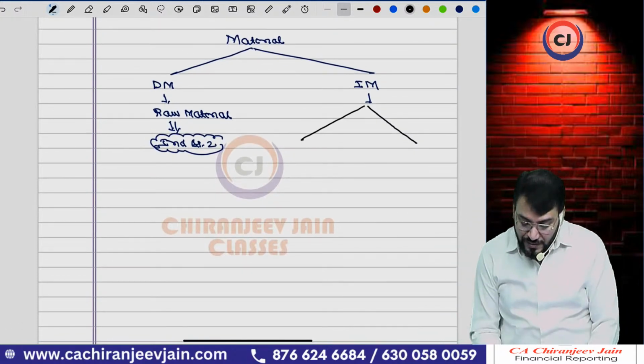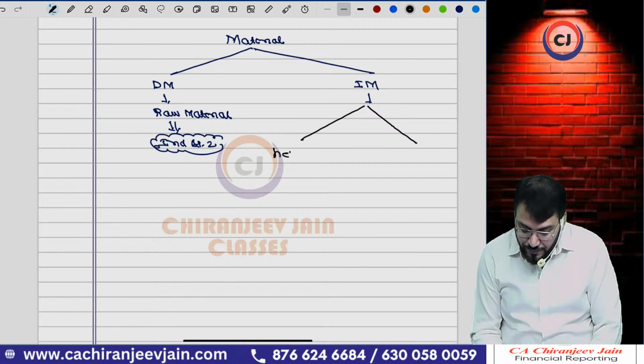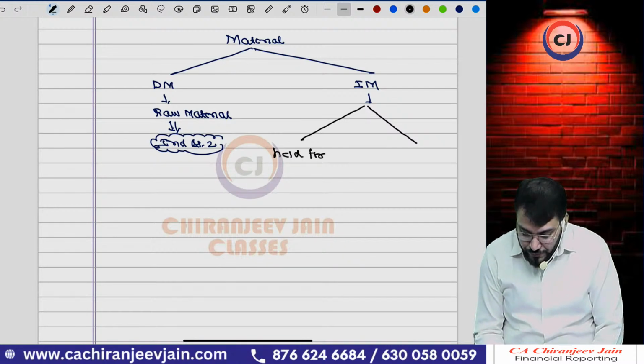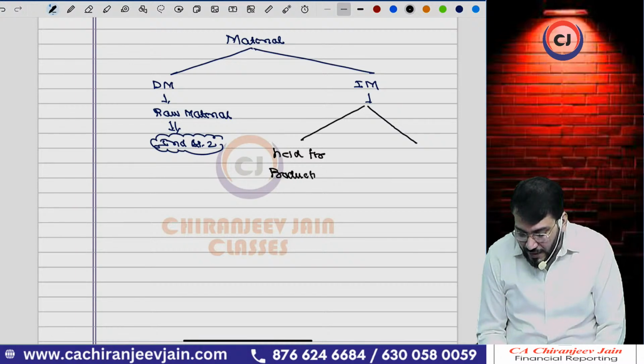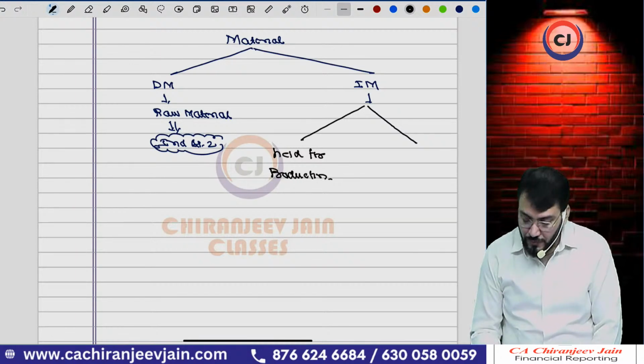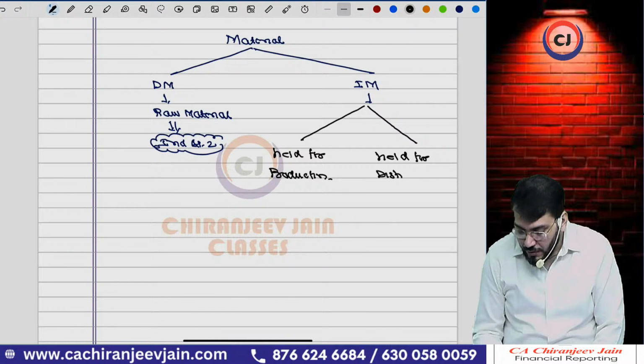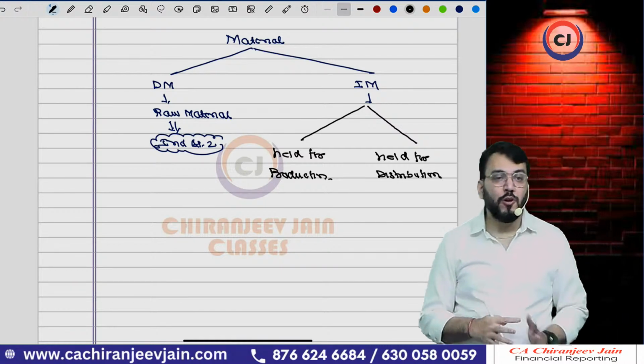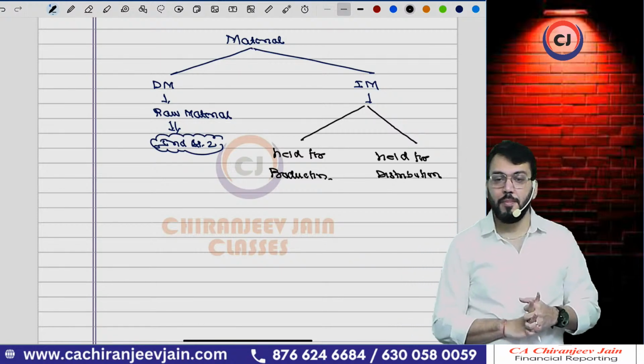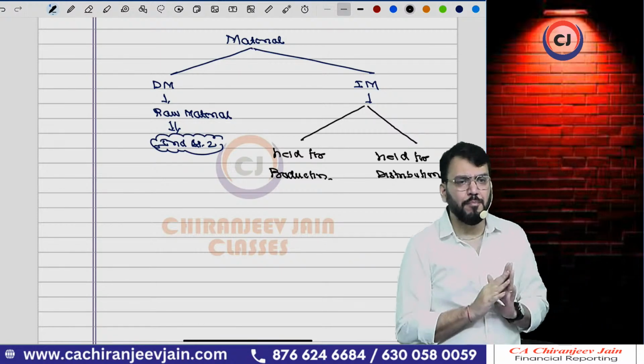So indirect materials are also of two types. Can I say it can be held for production purpose, or it can be held for distribution purpose? Held for production or held for distribution. Let me take one example.